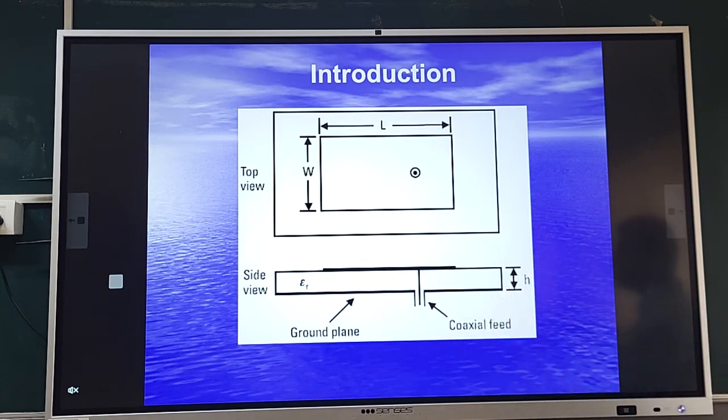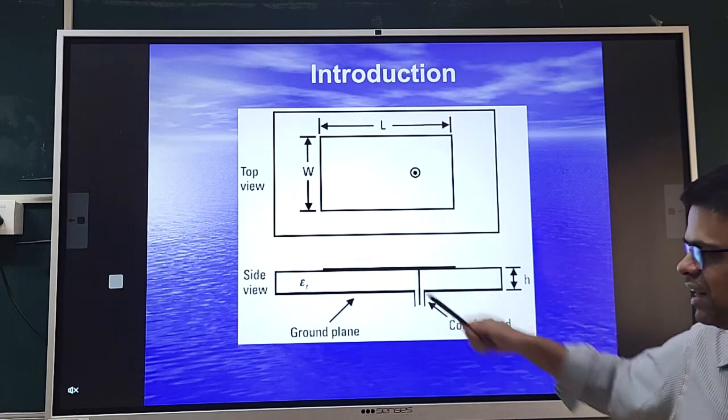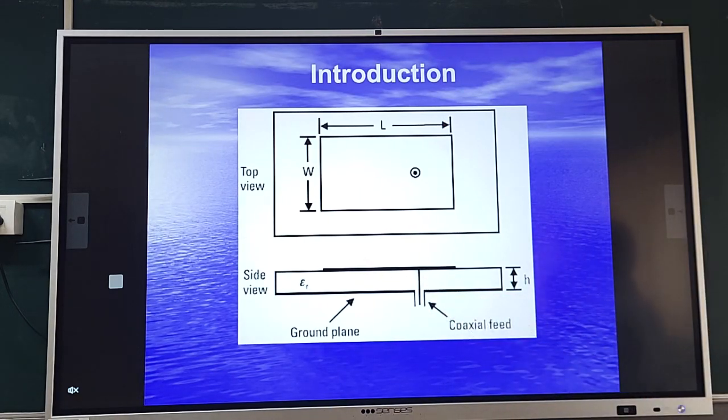I will explain that design later, especially when we go to the broadband microstrip antenna as well as circularly polarized variations. So the choice of substrate is very important in antenna design.